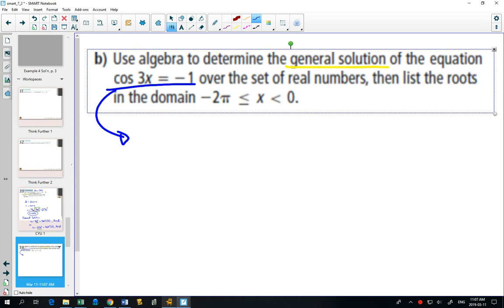The equation cos 3x equals negative 1, we gave this kind of question a special name. Do you remember the special name? Now, one of the reasons I give you special names, right? This is a multi-revolution question.